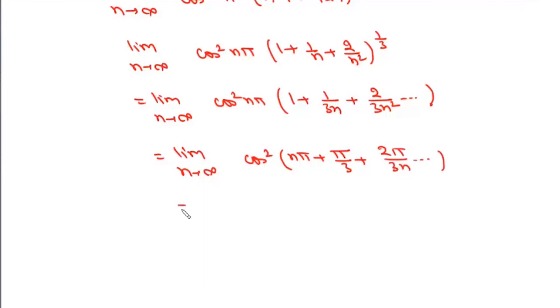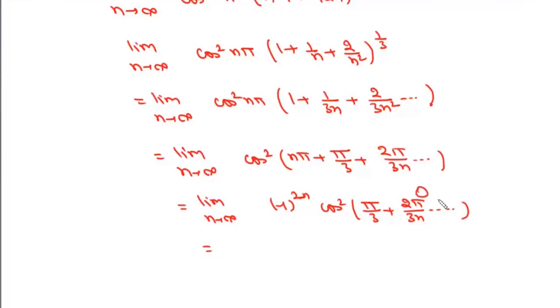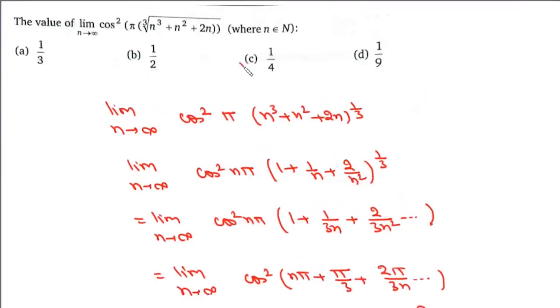Now cos (n pi plus theta) is (minus 1) to the power n cos theta. So it will be this limit n tends to infinity ((minus 1) square) to the power n, and then cos square of (pi by 3 plus 2 pi by 3n). Now (minus 1) square is plus 1, and if we take n tends to infinity, all these terms will be 0. So this answer will be simply cos square pi by 3, and cos square pi by 3 is 1 by 4. And that's your option C.